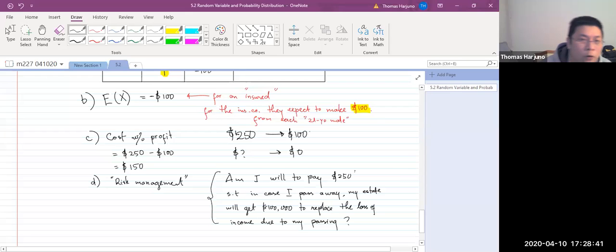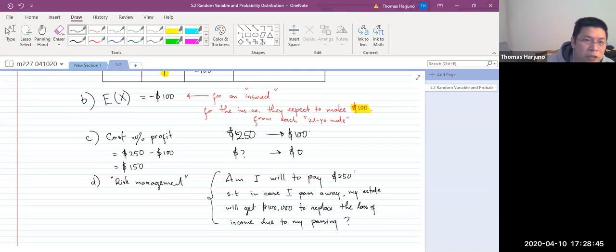And this is the point of me picking this question. The purpose of insurance is not for income. That's risk management: how to mitigate the loss of income for my family in case of my passing. Of course, we are not expecting the policy to pay for my wife and children's loss of income for the next 20 years.